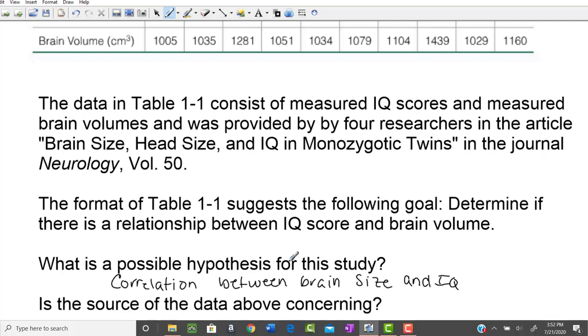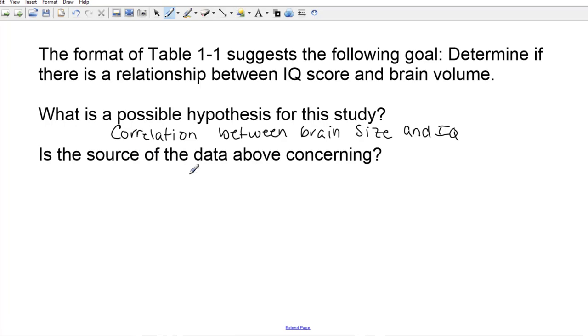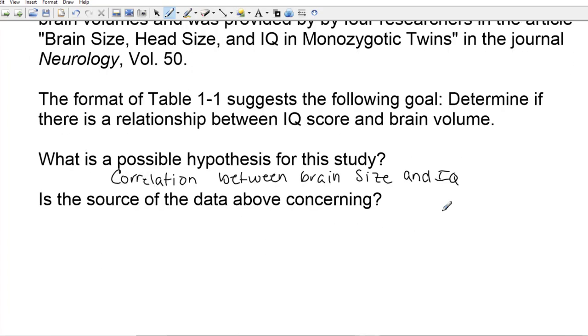Is the source of data concerning? It's from a reliable source, but the only thing that we can be concerned about is that all the data may not be included.